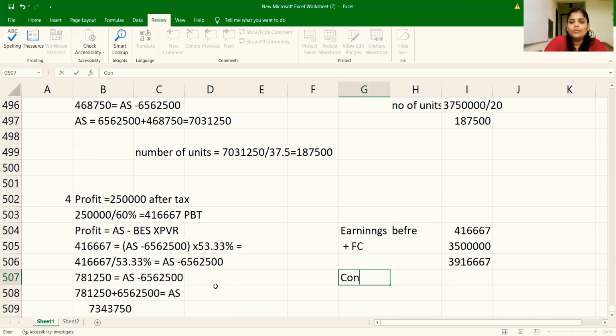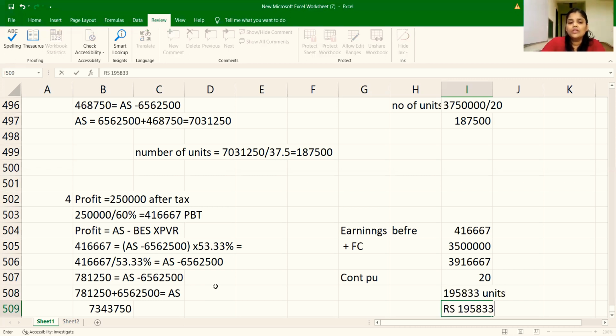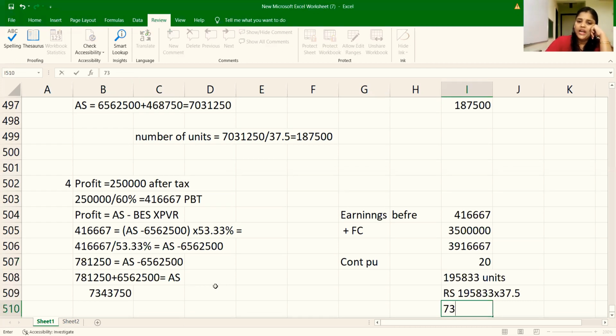This divided by contribution per unit, which was 20. So 39 lakhs 16,667 divided by 20, you got 1,95,833 units. Now you want sales in rupees. 1,95,833 multiplied by 37.5. So you are getting the same answer, 73,43,750.